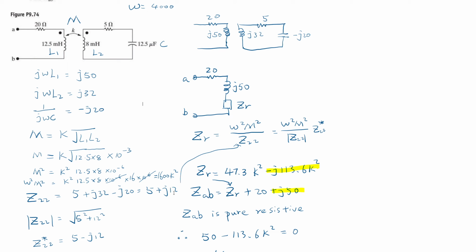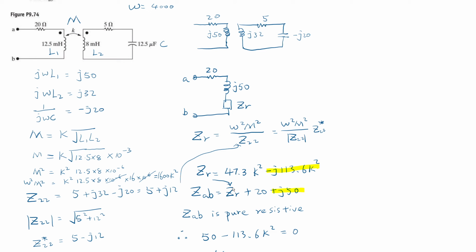Okay. You can follow this one, or you can directly use this one divided by this one. Okay, I have all the impedance right down here. So you find this reflected impedance equals 14.3 K square minus this one, and this is ZR.